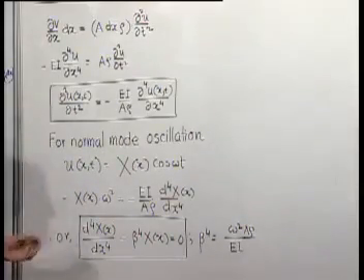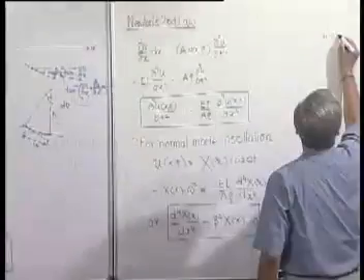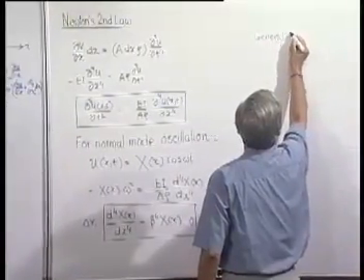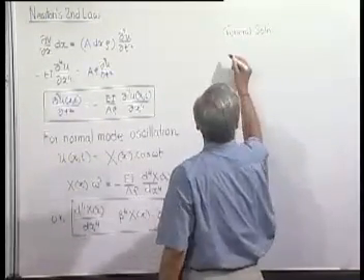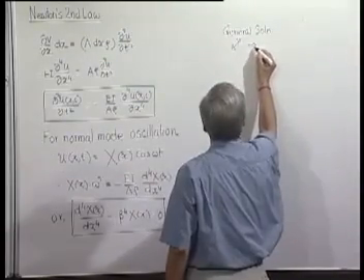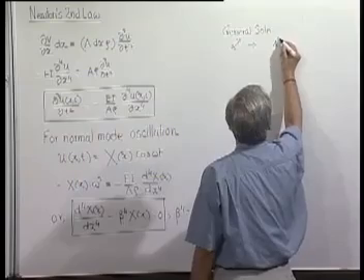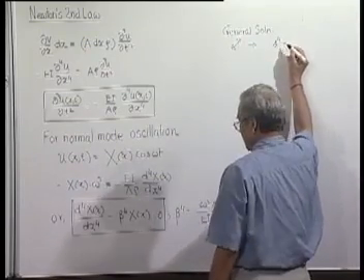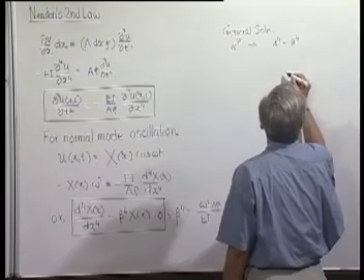And the general solution we can get, if we take an e to the power st form of solution, gives us the characteristic equation s to the power 4 equal to beta to the power 4.